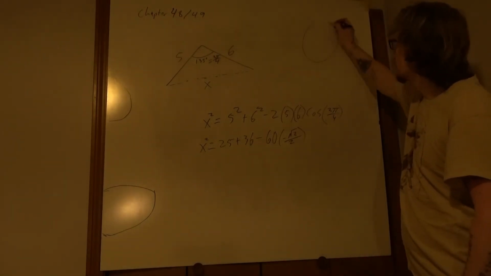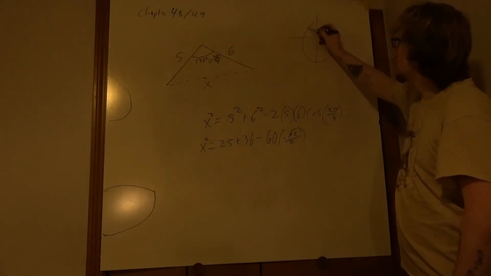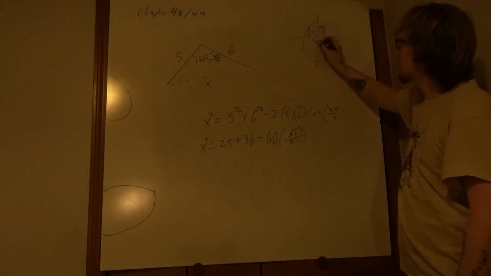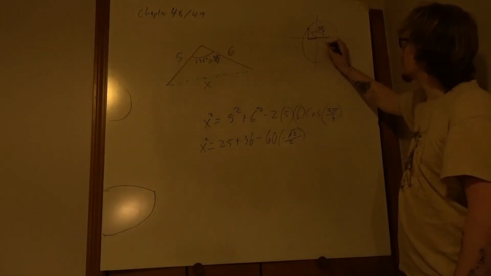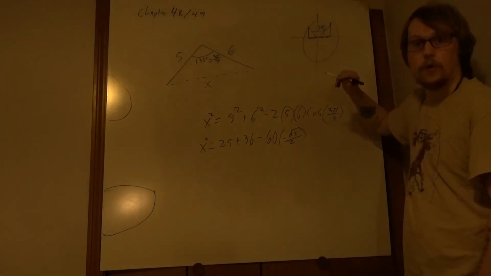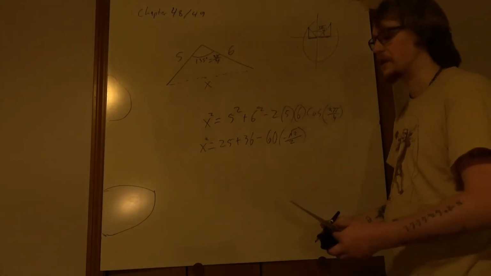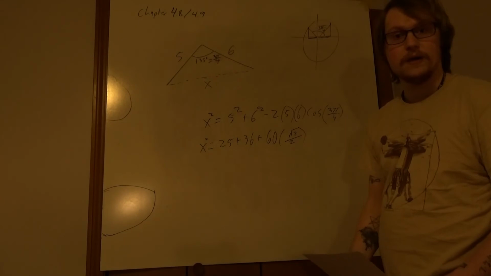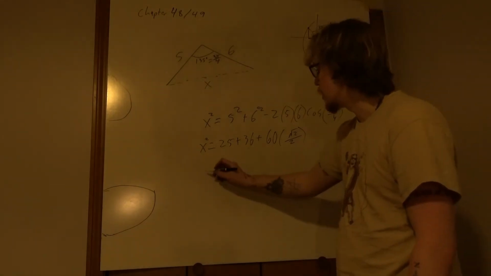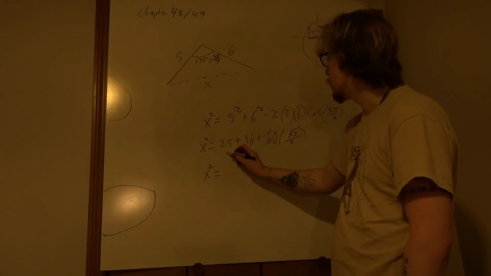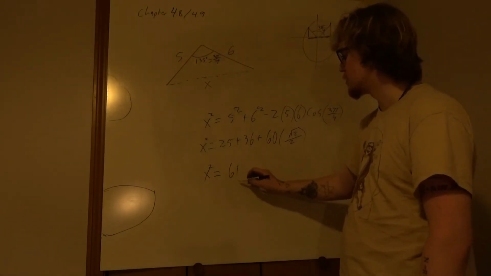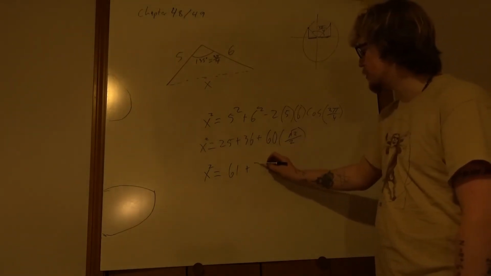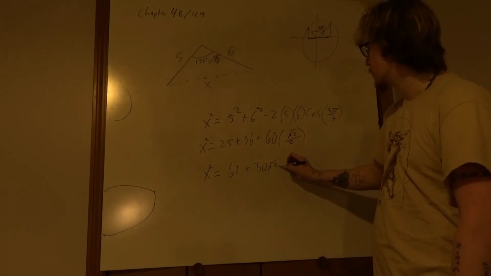Right, if we have the unit circle, this is the angle 3 pi over 4, and the x coordinate here is the same as the x coordinate here for the regular pi over 4, but negative because it's on the other side of the x-axis. So it's negative. And now I can take this negative and pull it out and make that positive. So now we can evaluate, and we get x squared is equal to, well, 25 plus 36 is 61, plus 60 divided by 2 is 30, so I'm just going to have 30 times the square root of 2.